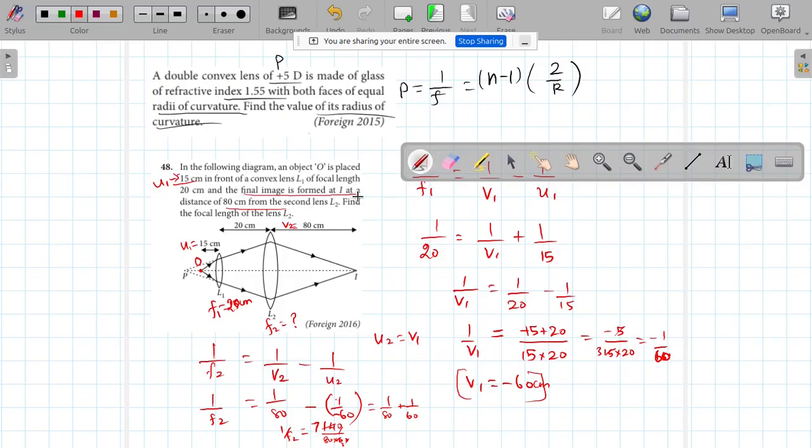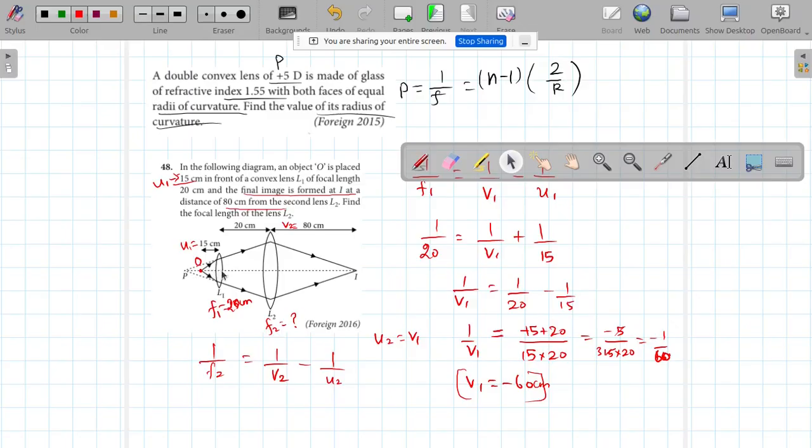The final image formed, insert, is 1 by 80. Actually, we made a small mistake here. I'll come to that.